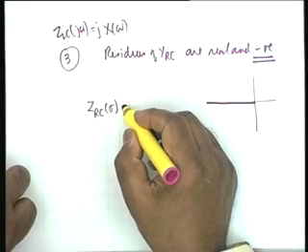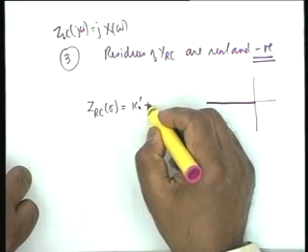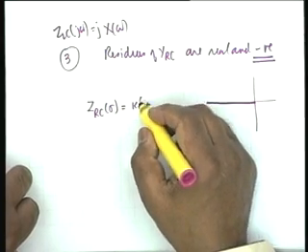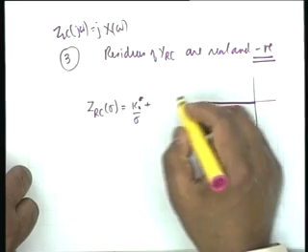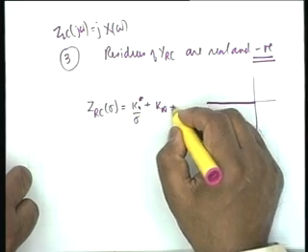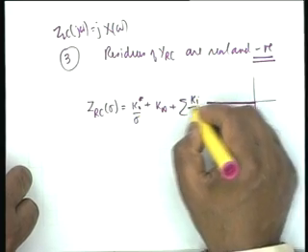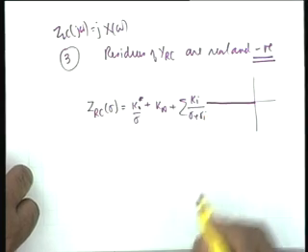Now, in this case, naturally it makes sense to talk of the impedance functions or admittance functions on the real axis. So, let us take ZRC of sigma, that is k 0 by sigma plus k infinity plus summation k i divided by sigma plus sigma i.